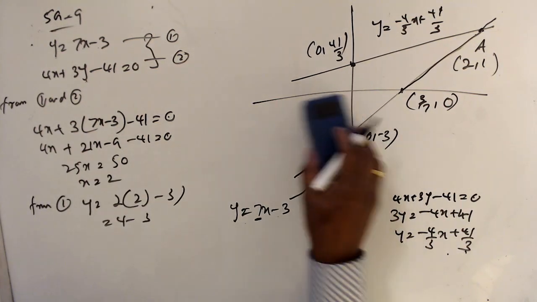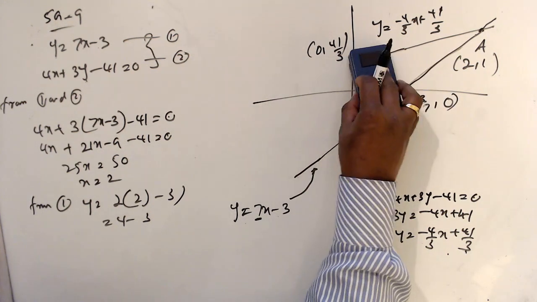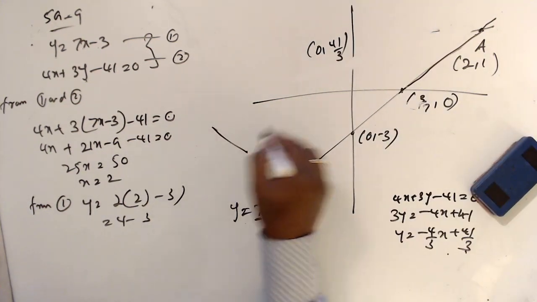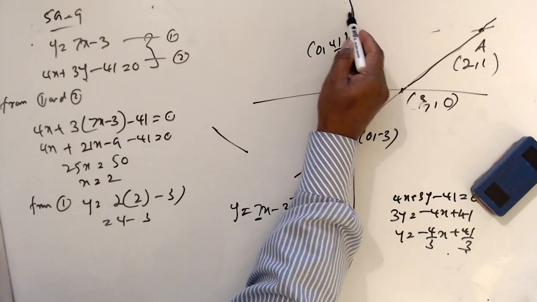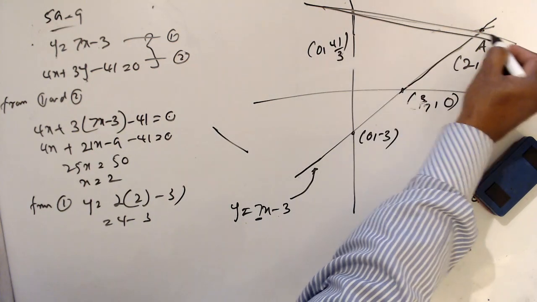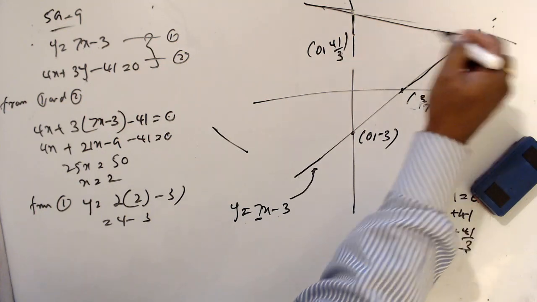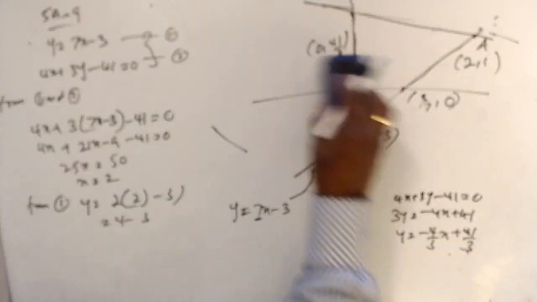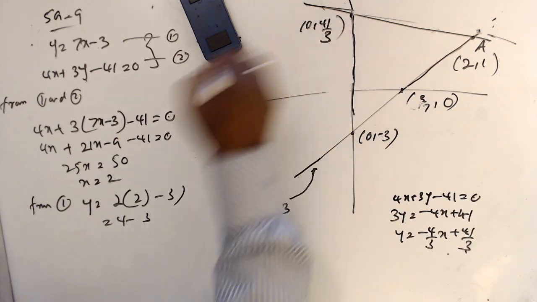So actually this gradient has to be negative. So a negative gradient means this side. So it has to be something like this. This is 41 over 3.